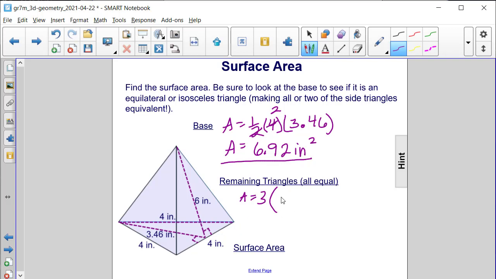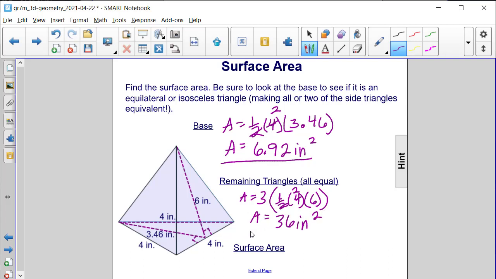The base here is 4, so we have 1/2 of 4 times, and then the height of this side triangle is 6. So 1/2 of 4 is 2. 2 times 6 is 12, and 12 times 3 is 36 square inches.